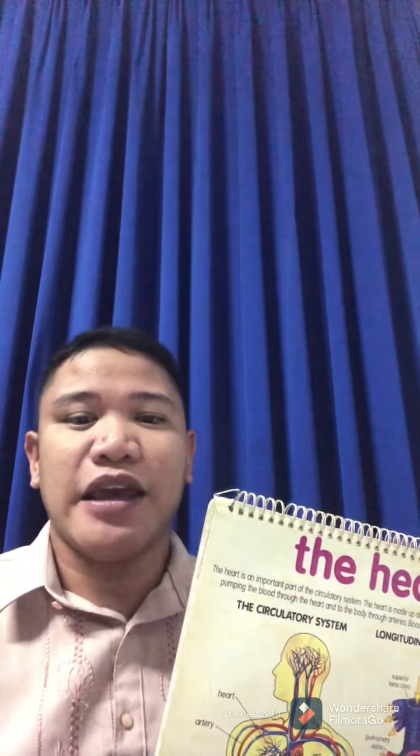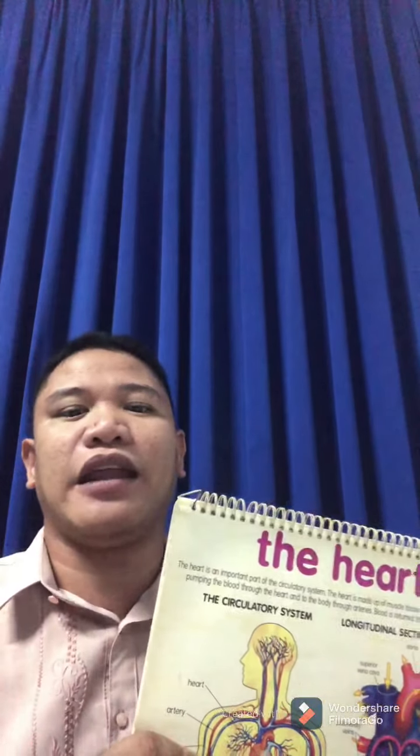Meaning, ito yung mga dugo sa katawan natin na kumuha ng mga byproducts of metabolism. Okay? Ito yung mga nitrogen, mga toxic sa katawan natin, mga carbon dioxide sa katawan natin.